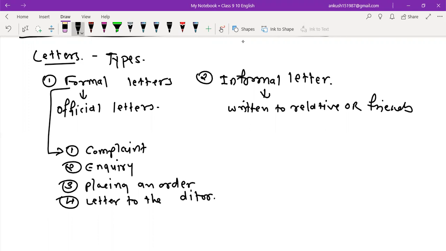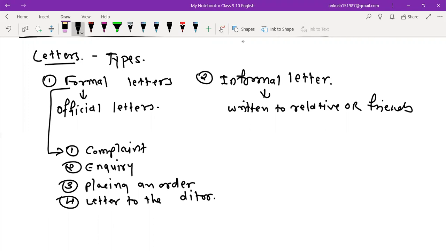He actually edits. Edits means he goes through that article before it is printed and published in bulk.